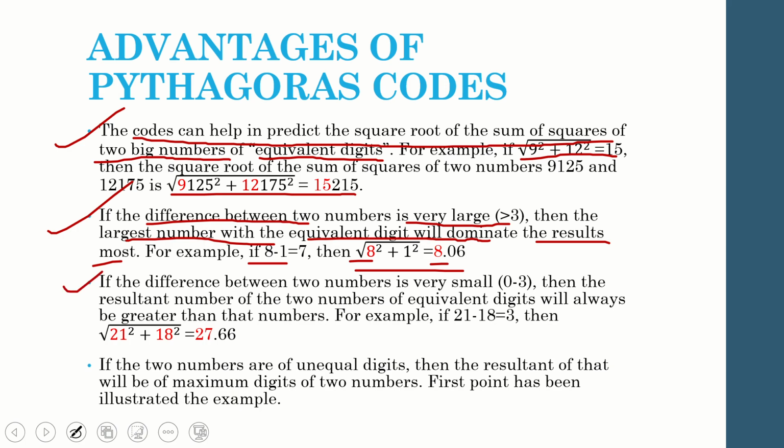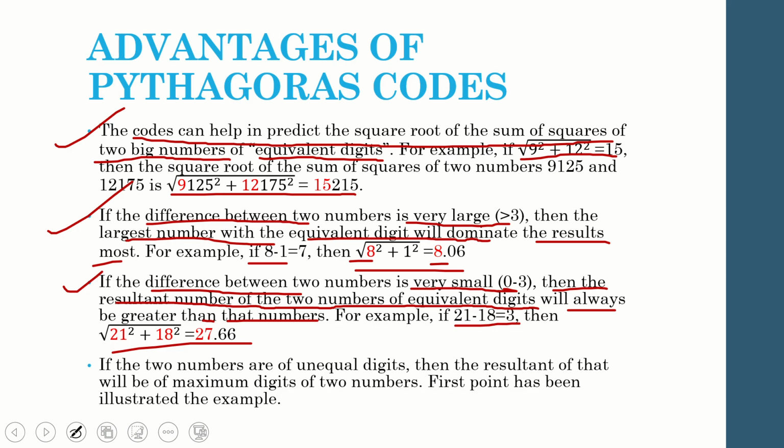If the difference between two numbers is very small, from 0 to 3, then the resultant of two numbers of equivalent digits will always be greater than that number. So it is the example.